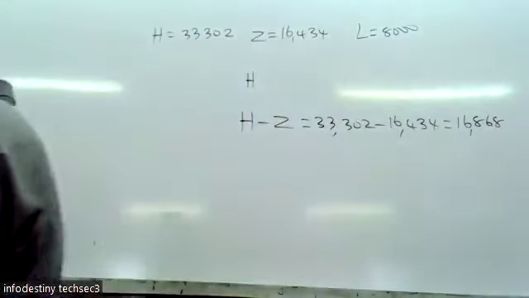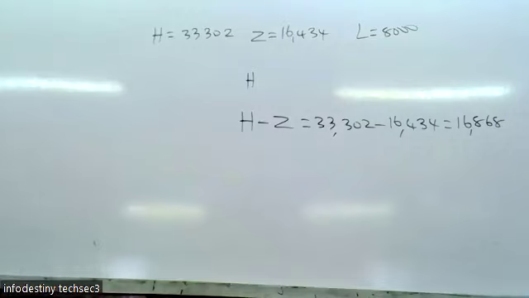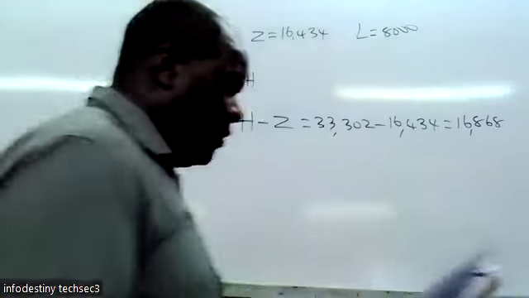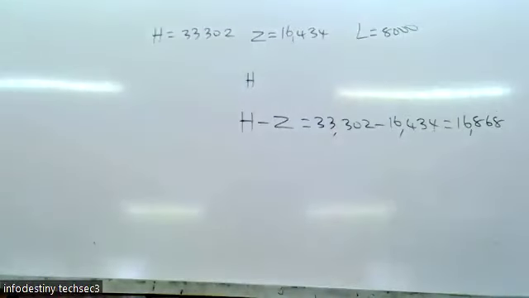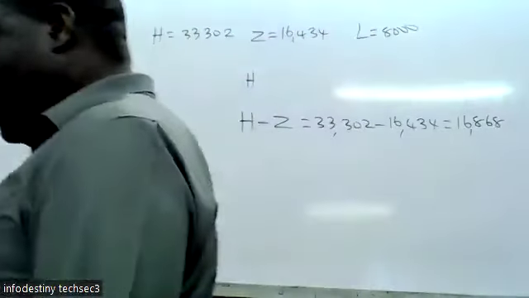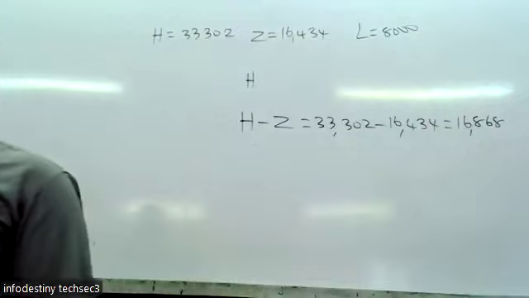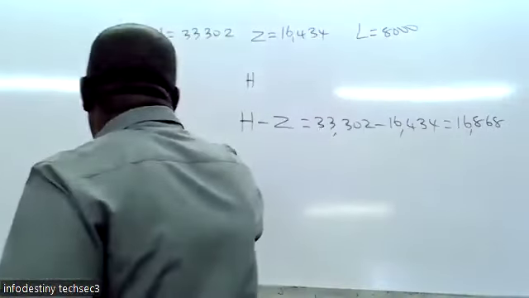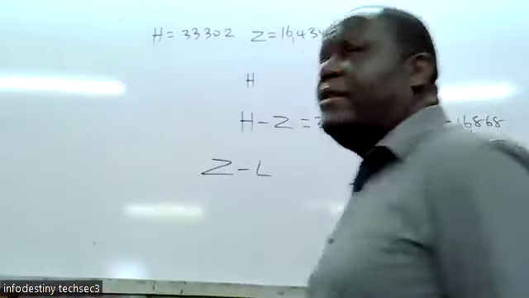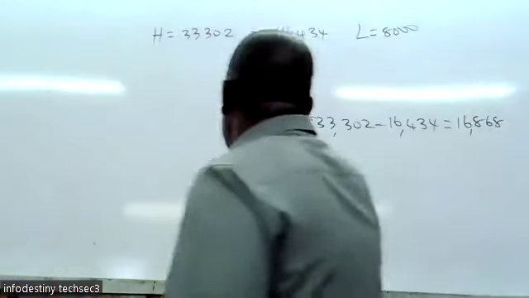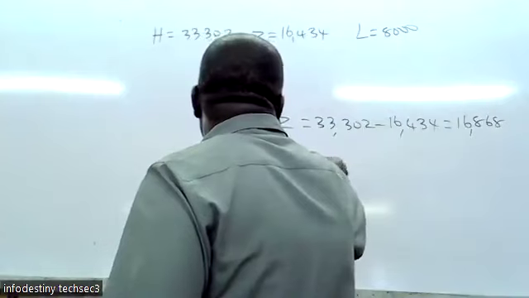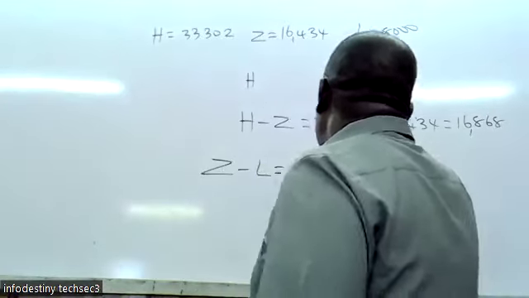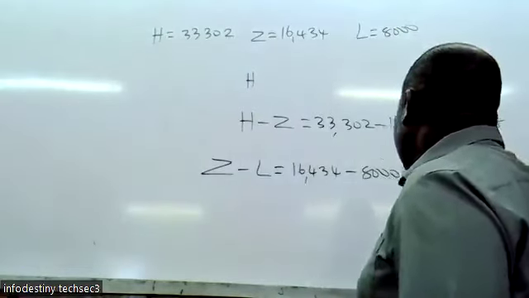The second decision is that when the cash balance reduces to the lower limit L, then the company should convert shillings Z minus L. Z is 16,434, L is 8,000, so that figure is 8,434.